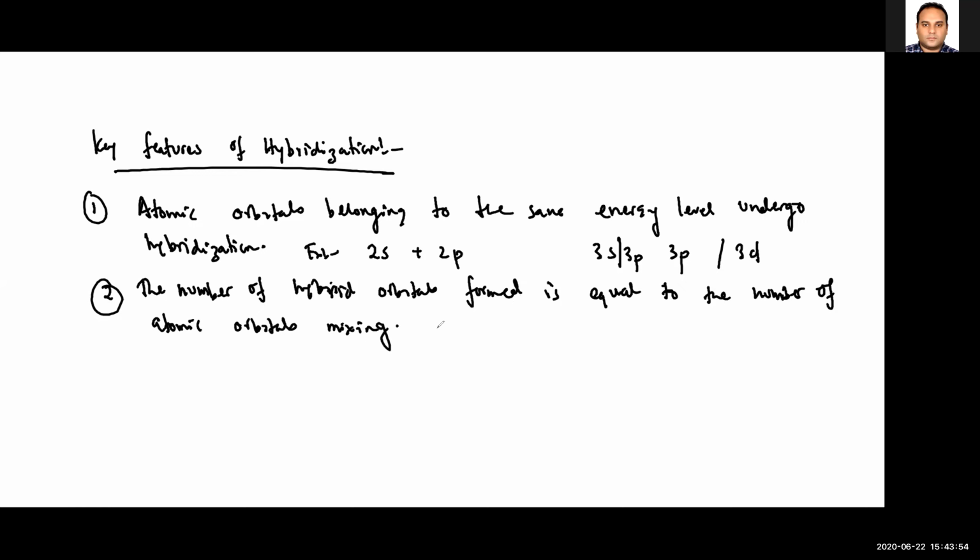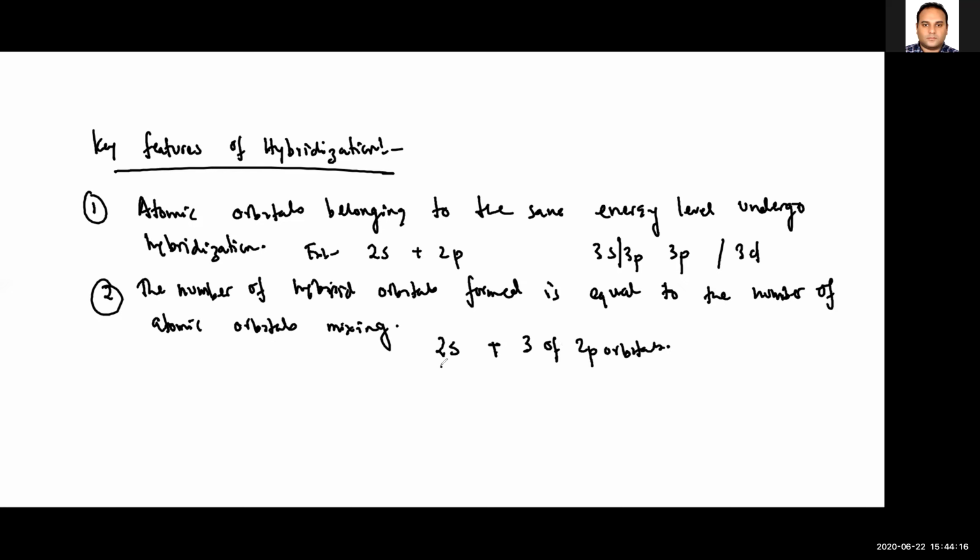For example, if you're mixing the 2s orbital with 3 of the 2p orbitals, we know that the p subshell has 3 orbitals.